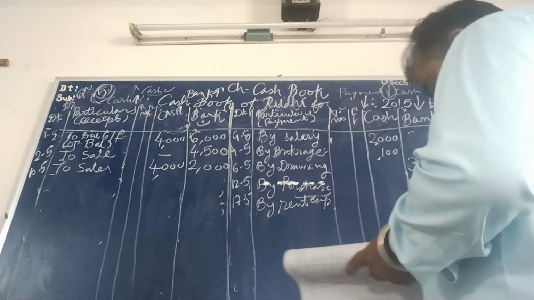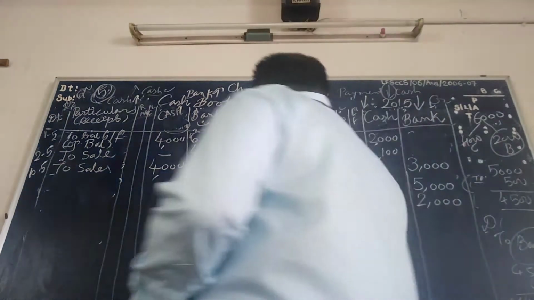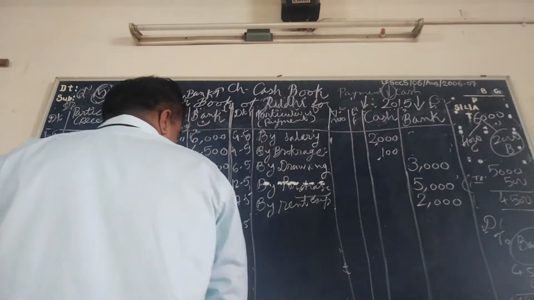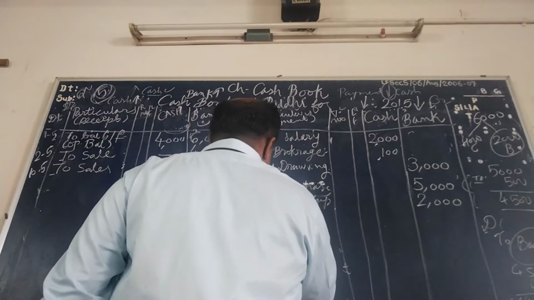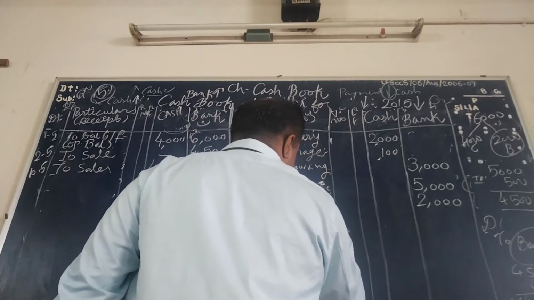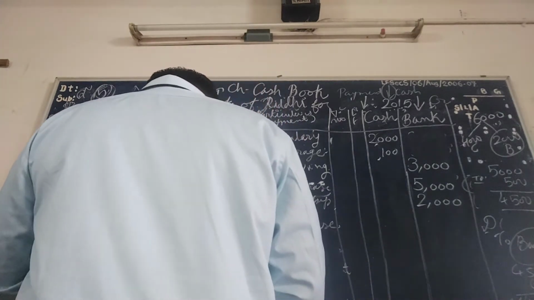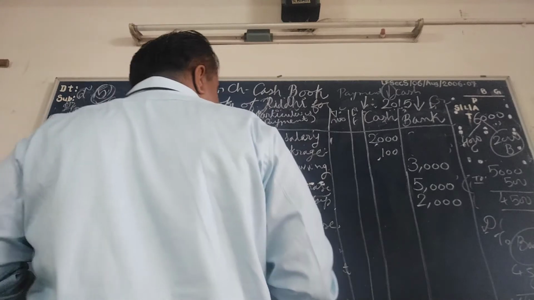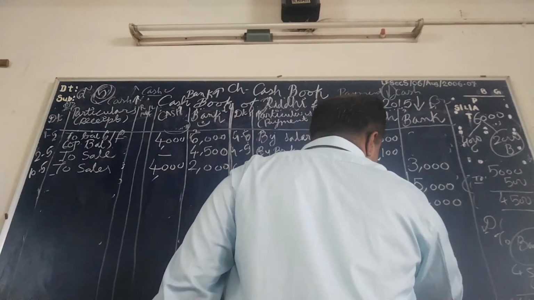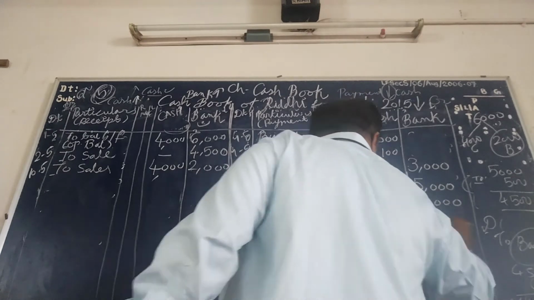Okay, so by 21st May, by purchase, will be paid in the form of cash. So we write in the cash column itself 4,050.